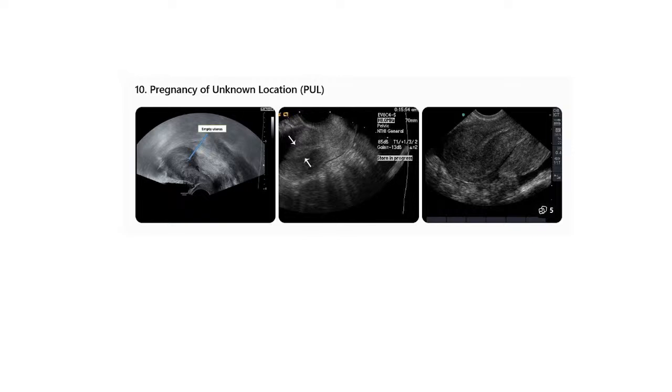But after some time, you will know. It was an ectopic. Or, oh, it was just there in the endometrial cavity, I did not see it nicely. I did not use a transvaginal scan, I just used a transabdominal. Negligence, incompetence, use of outdated equipment, and lack of experience are all confounders when it comes to the diagnosis of some of these pregnancies of unknown location.